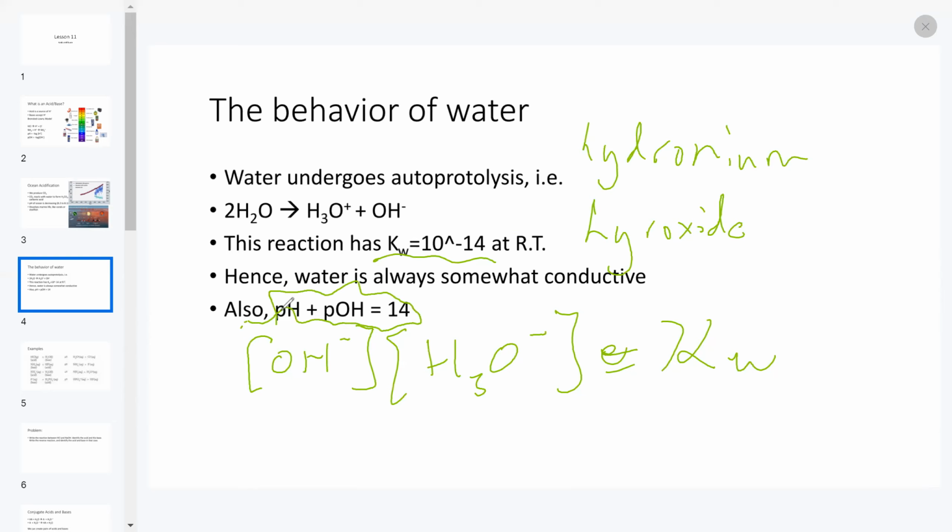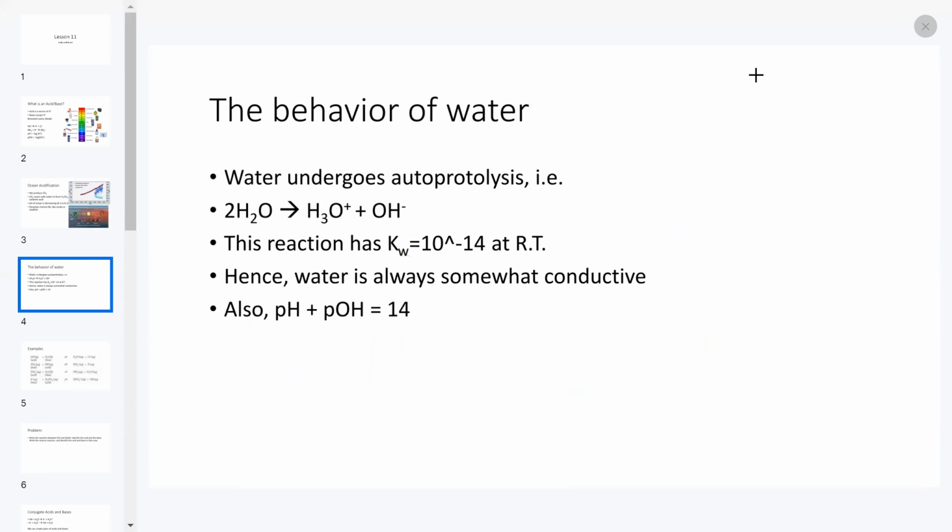So pH plus pOH is 14. So you should write that down. So that means if the pH increases, the pOH has to decrease. And this makes sense, right? Because if you have a high concentration of H plus, you have to have a low concentration of OH minus, and vice versa.